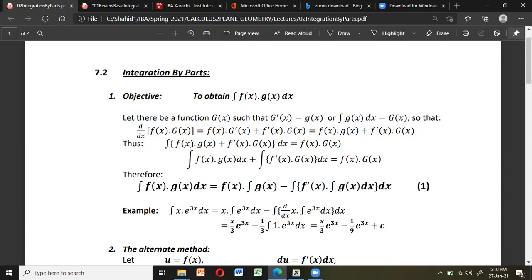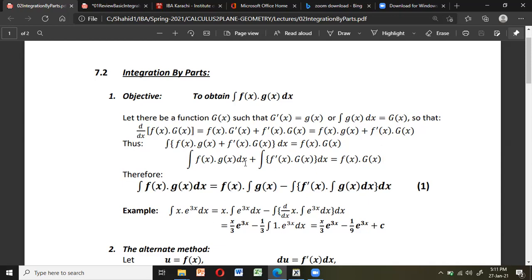One, the product f into g, which is our objective. The other is f prime into capital G. So integral fx gx, the objective, plus integral f prime into capital G.